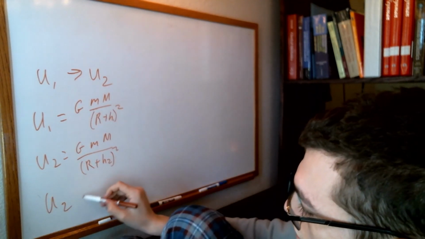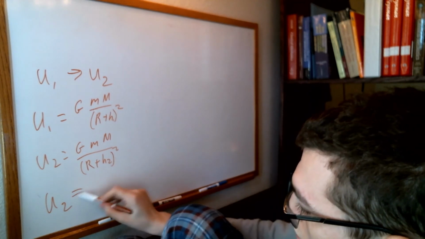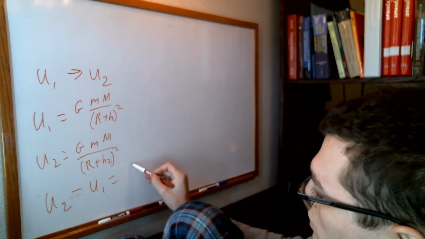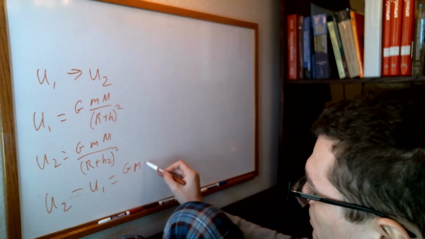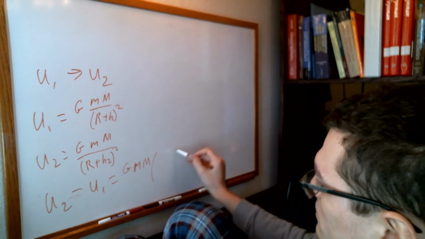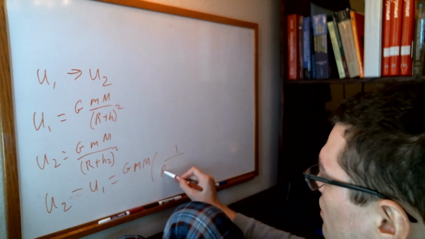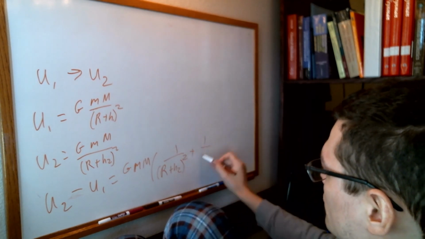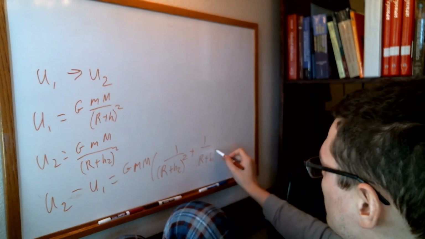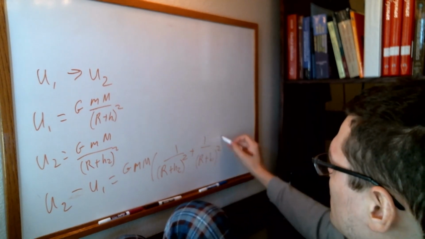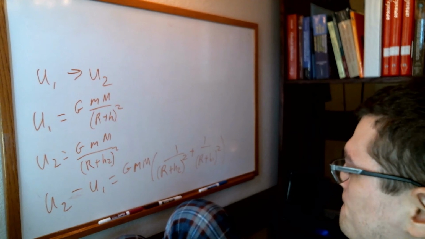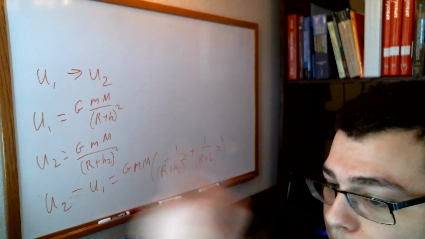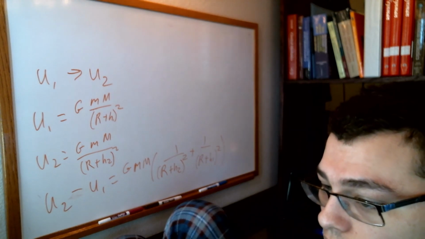You just take U2 minus U1, and that will give you GMm times 1 over (R plus H1) squared minus 1 over (R plus H2) squared. And, yeah, that makes sense.